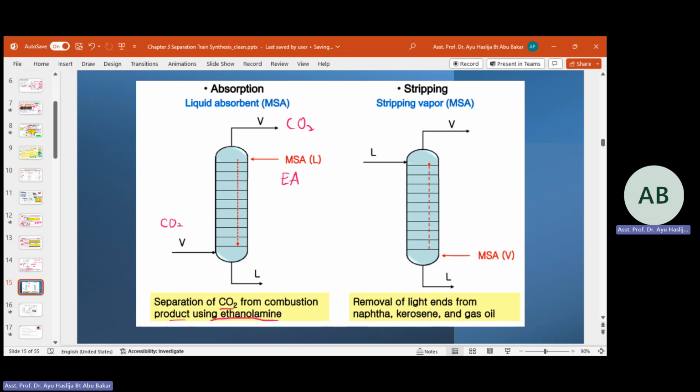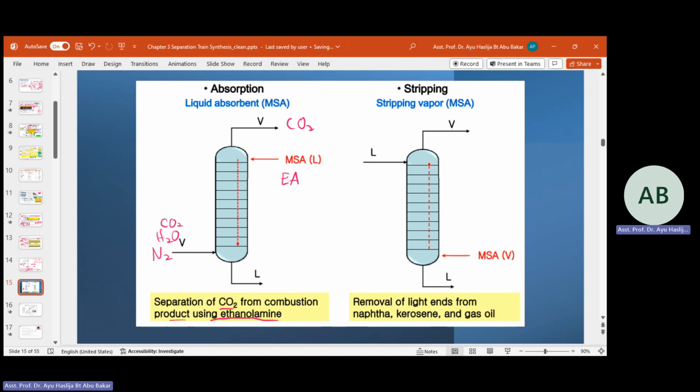What are the combustion products other than CO2? What do we have? Water, you have N2 as well. Perhaps other things are NOx, SOx.